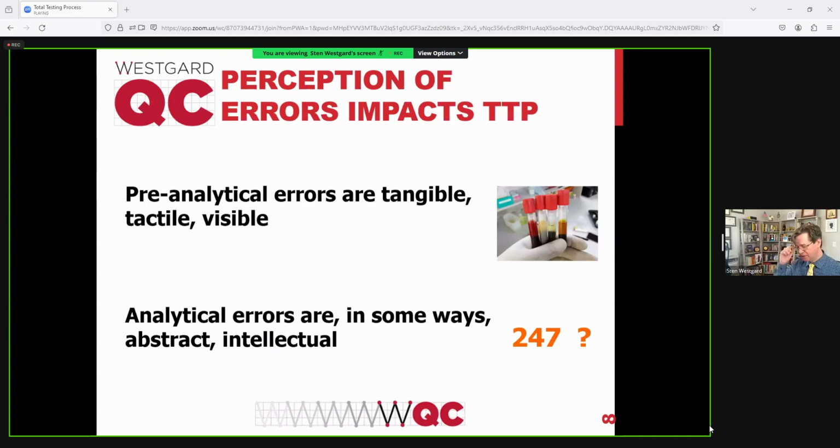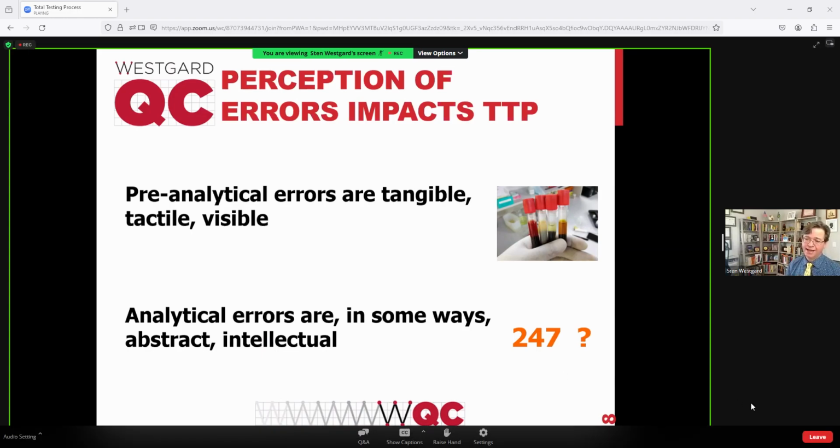One of the reasons that we see more emphasis on the pre-analytical step is they tend to be very tangible, very tactile, visible errors. When you have a grossly hemolyzed or a lipemic sample, it's right in front of you. You can see what's going on. If you have a missing sample, you know there's something that is missing.